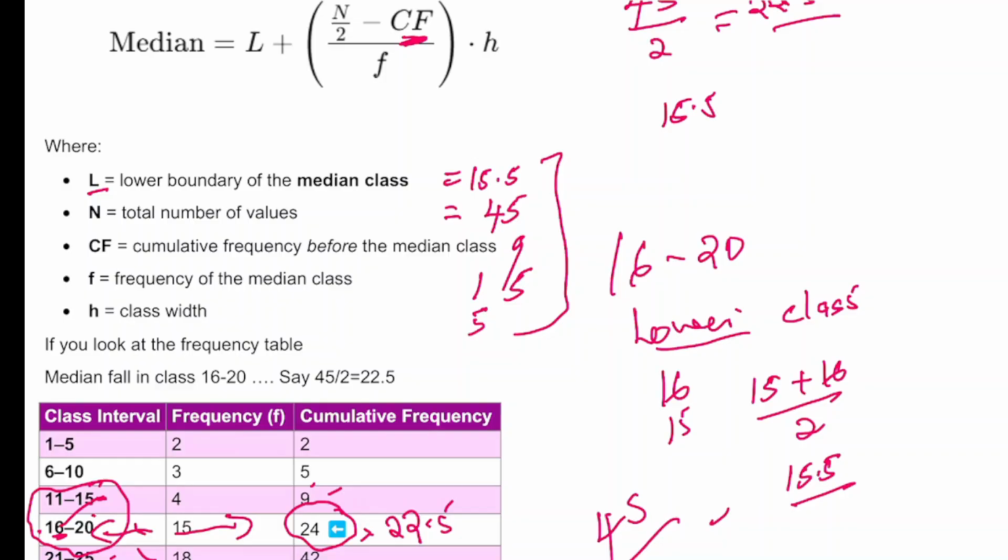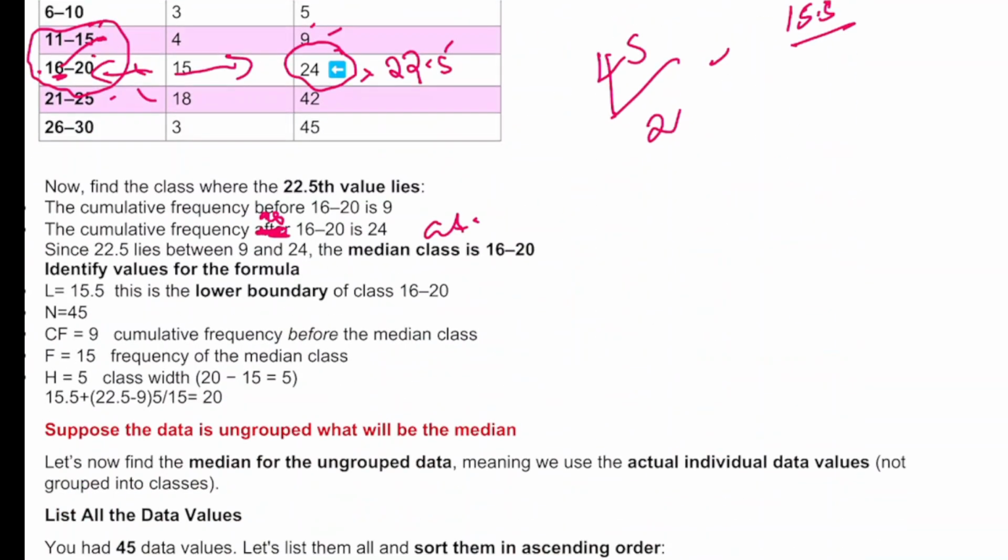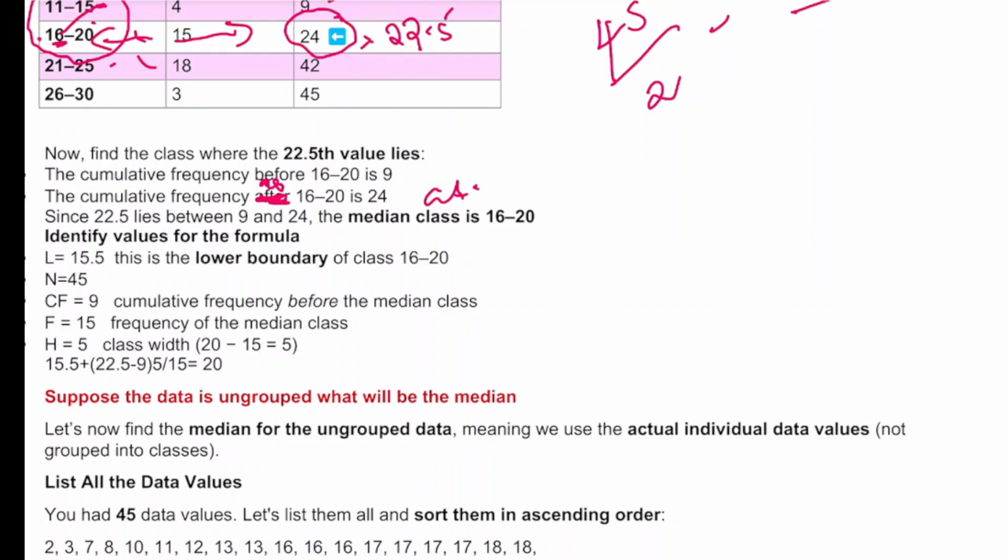If you had your laptop, we could have easily calculated this. So let me see how I calculated. I started with 15.5 plus, how are we getting that 22.5?